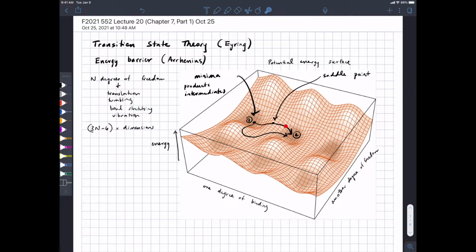And we'll talk actually about that. We have some wiggle room in terms of how we traverse that pathway. But saddle points are going to be our transition states. So we'll call this a less likely pathway and this a more likely pathway.